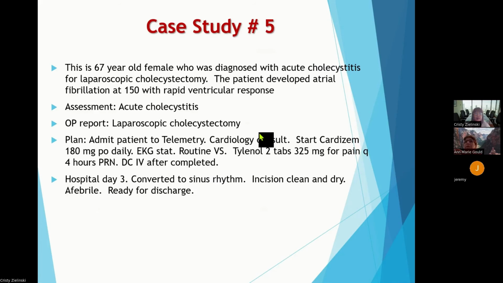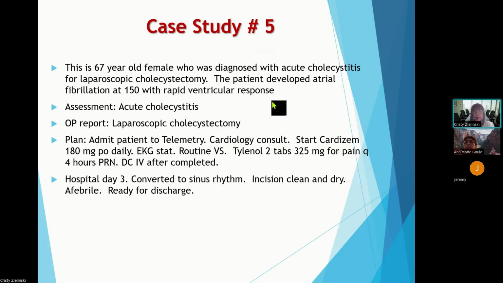Case number 5 is a 67-year-old female who was diagnosed with acute cholecystitis for laparoscopic cholecystectomy. The patient developed atrial fib at 150 with rapid ventricular response. Doctor documented assessment as acute cholecystitis. Op report is lap cholecystectomy.